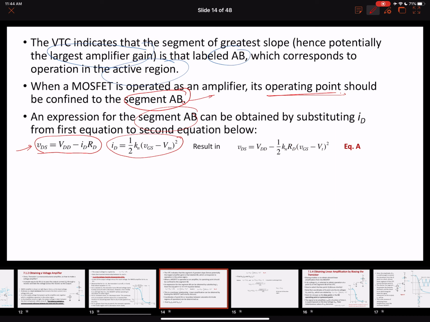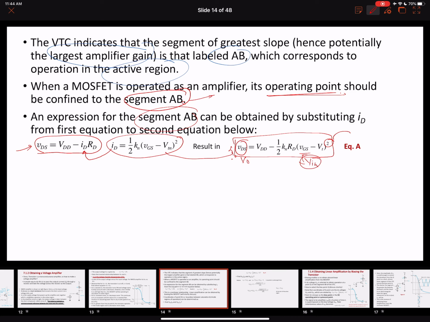All you need to do is replace this ID value over here, and you will get this equation. Now this is the amplifier equation, which shows an inverse square relationship between the input and the output voltages, output voltage being VDS and input voltage being VGS.